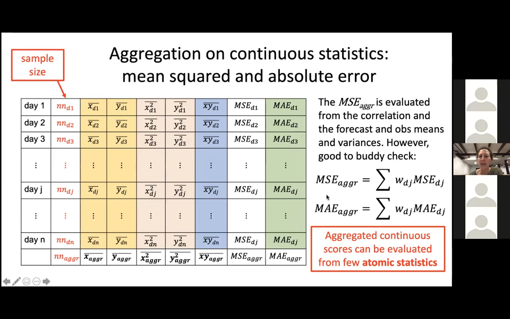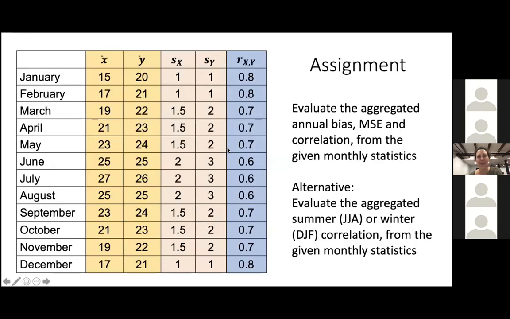Then I calculate the aggregated mean squared error as the weighted sum, like I did with the average. And I have a double check in my code, that this aggregated mean squared error is identical to the one from the formula. So this is the way you can calculate the aggregated continuous scores from what I call the atomic statistics.